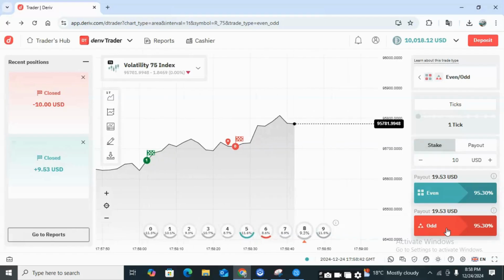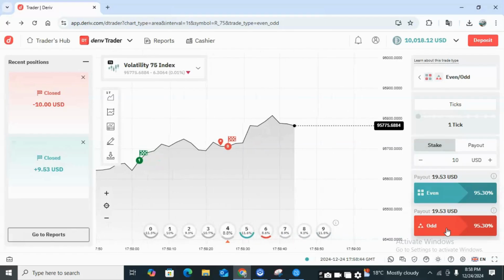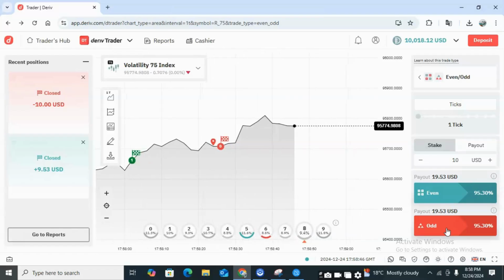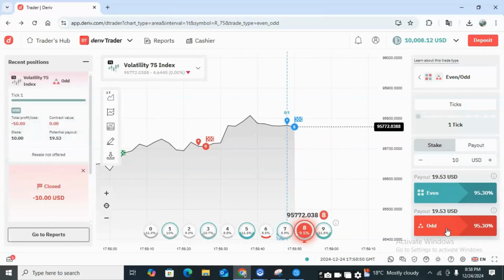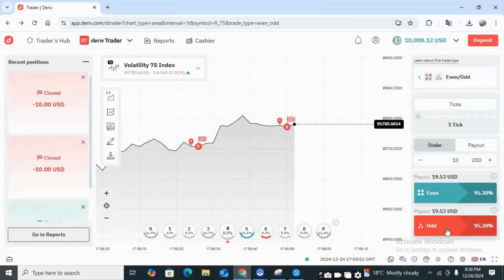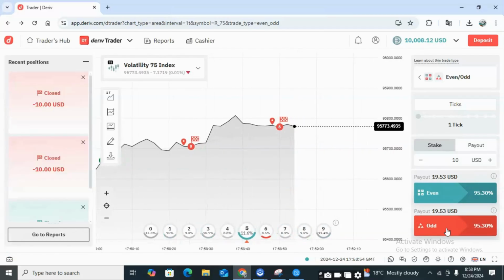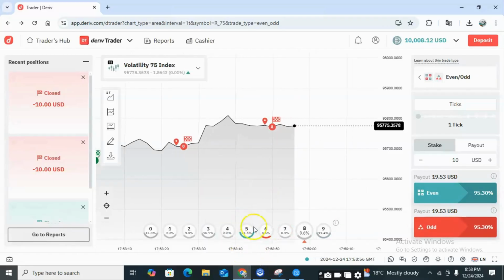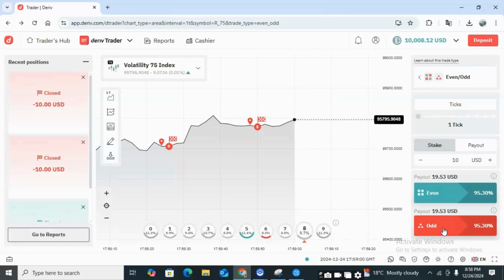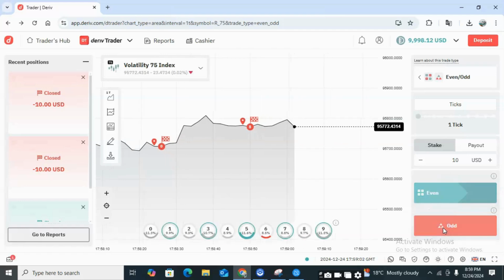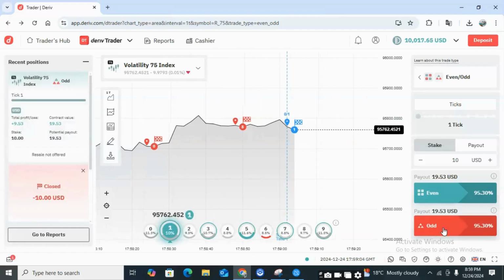So let's wait. 8, 4, 8. Those are even numbers. Okay, that's another loss. For the strategy, we have to wait for 5 to go up to 12%, but I'm choosing to trade because it has the green bar.